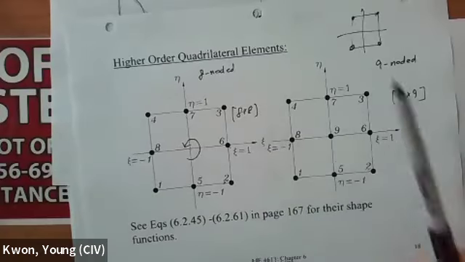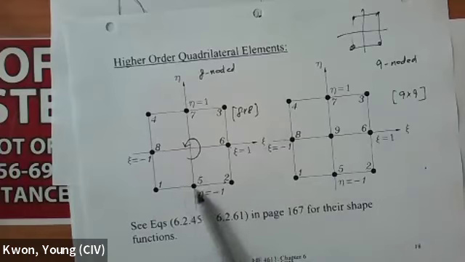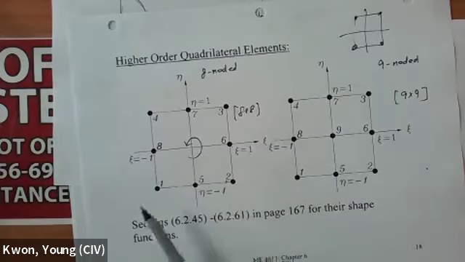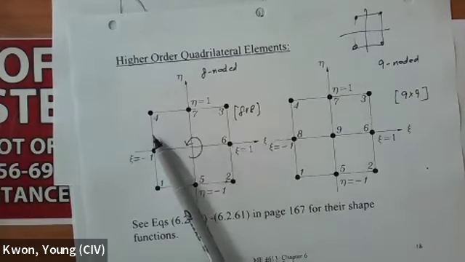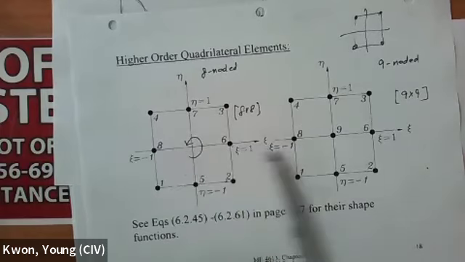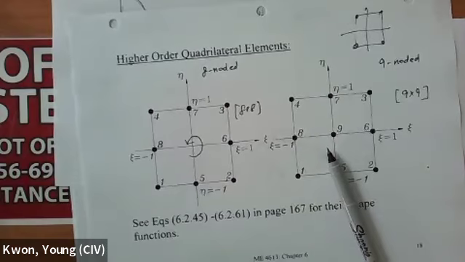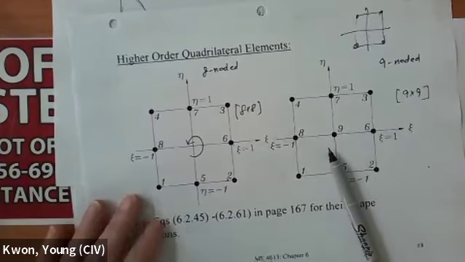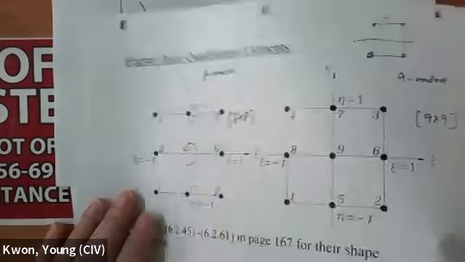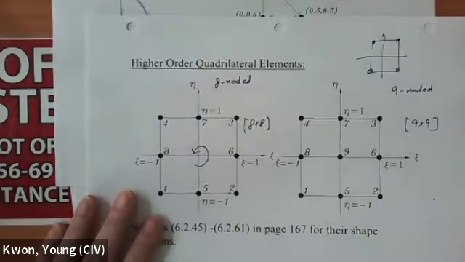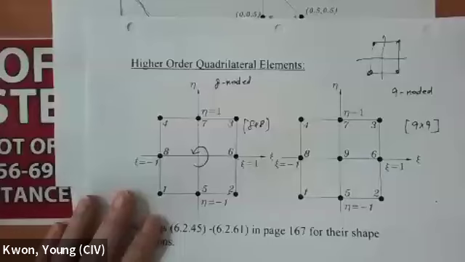They give you the nodal numbering, either this way or 1, 2, 3, 4, 5, 6, 7, 8, whatever is shown there. That means the program is based on that sequence of nodes for their shape function. Then you have to follow the same sequence in your input of the data. Make sense?